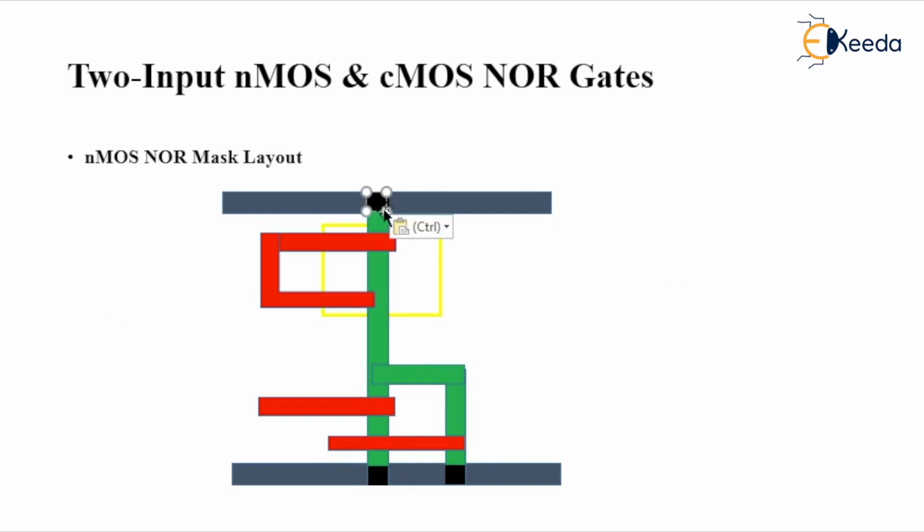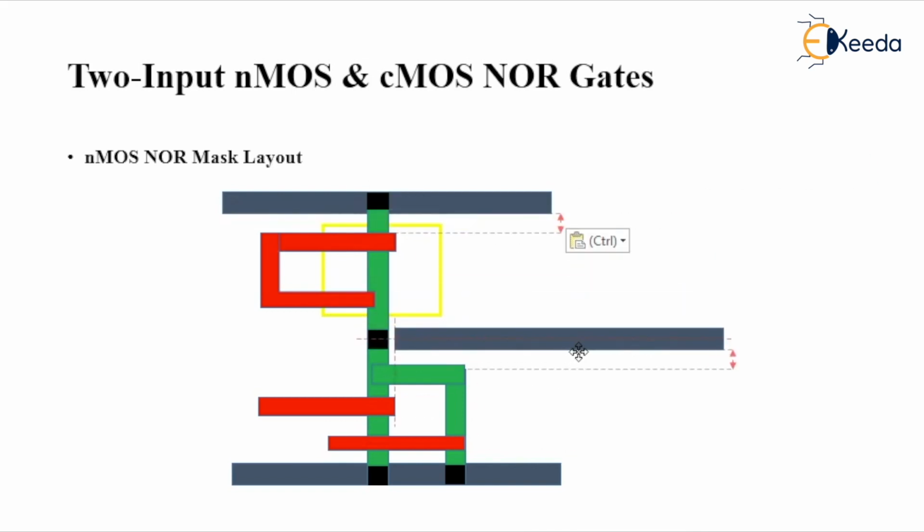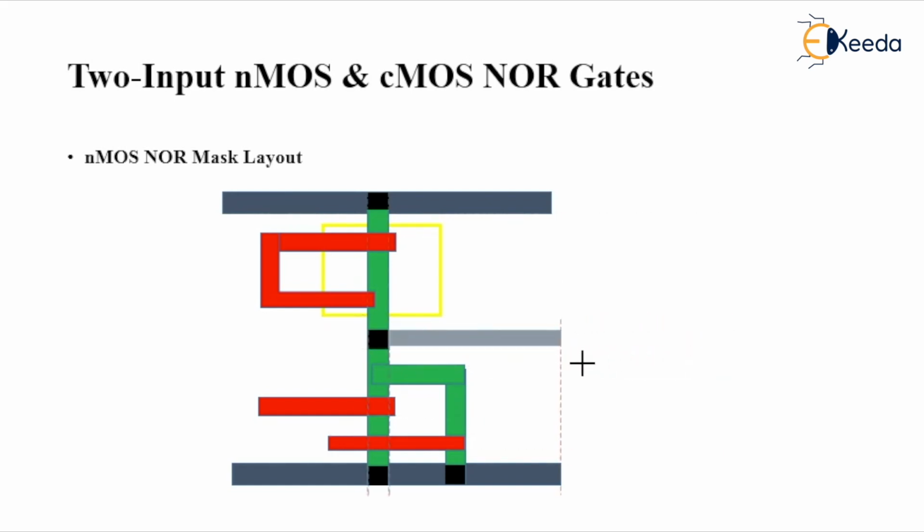Paste for the output also. So for the output I require metal here. So just taking this one. With this, almost we have done our NMOS NOR mask layout.